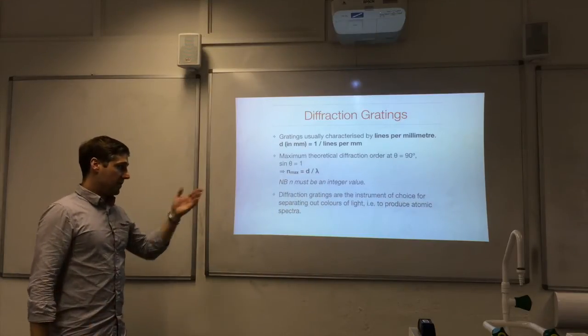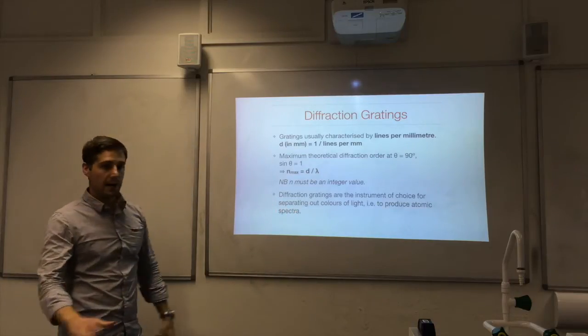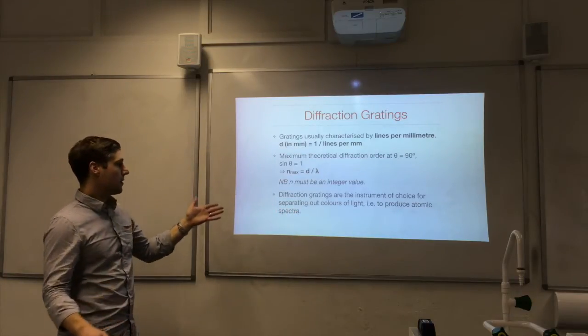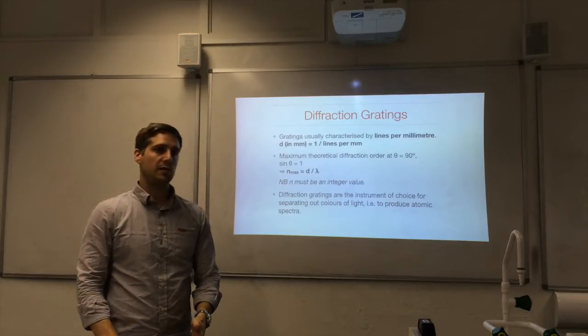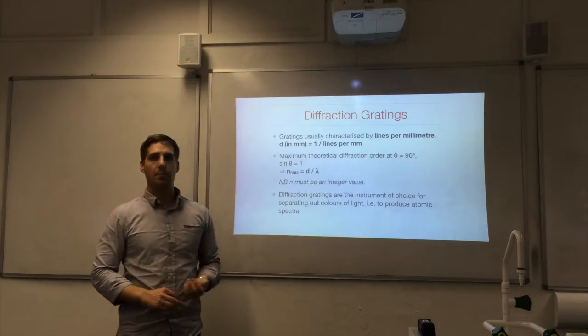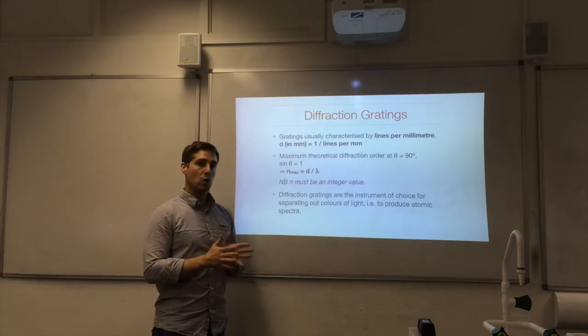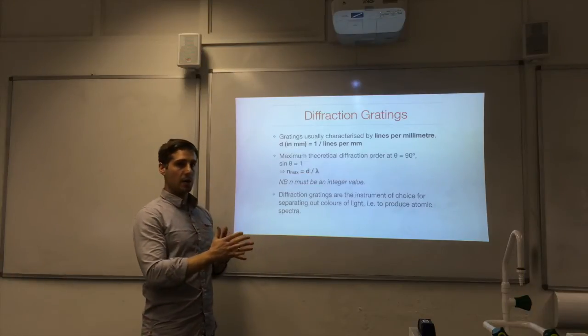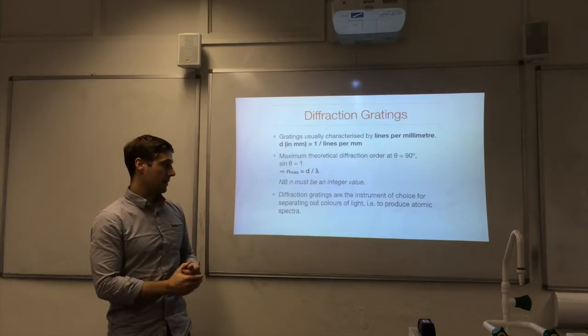And diffraction gratings are useful. They're the instrument of choice for separating out colours of light. So if you take light produced by some gas lamp, like a helium lamp or sodium lamp, use a diffraction grating to separate out all of the colours, and then you can investigate which colours, which wavelengths are present in the light.